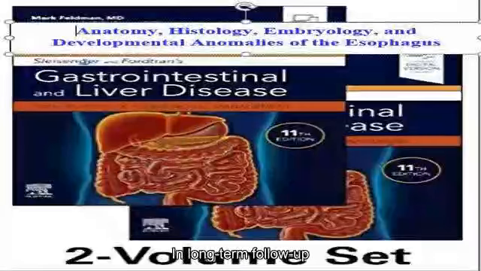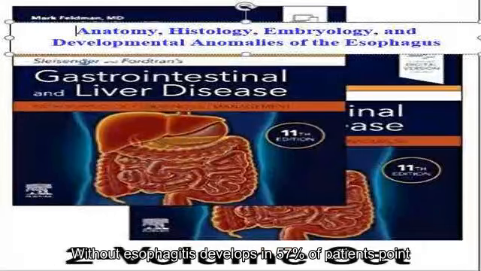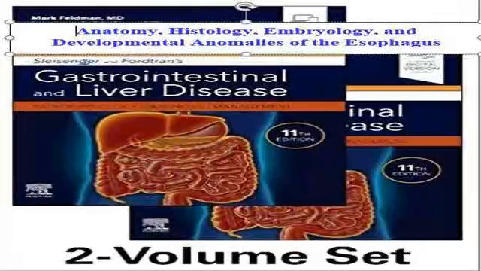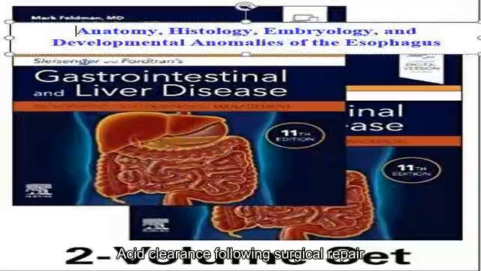In long-term follow-up, gastroesophageal reflux without esophagitis develops in 57% of patients. GERD with esophagitis occurs in 40% of patients, with a 6.4% prevalence of Barrett esophagus. The development of GERD is likely related to abnormalities of esophageal motility and impaired acid clearance following surgical repair.